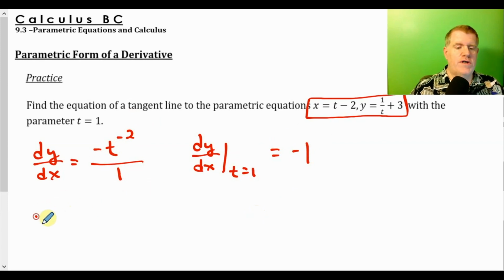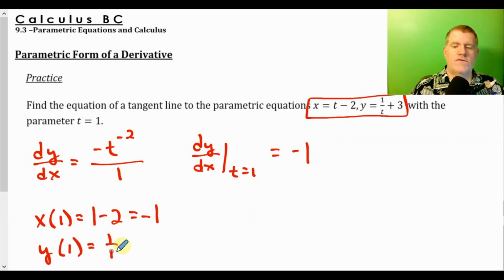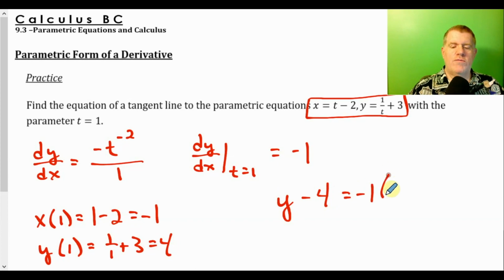Well, now we need a point. I know that at 1, for x, we're going to get 1 minus 2, or negative 1. When I put 1 in for y, I'm going to get 1 over 1 plus 3, which is 4. So I have my point, negative 1, 4, and my slope of negative 1.